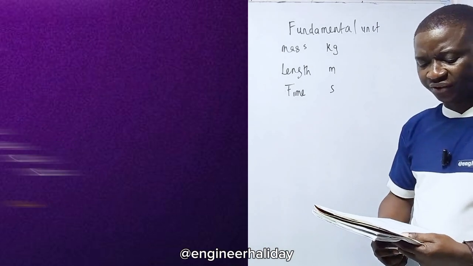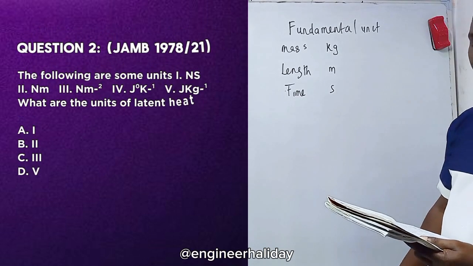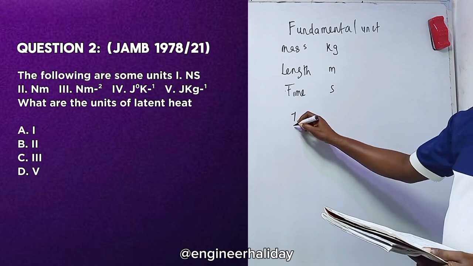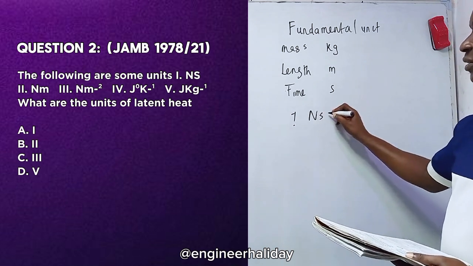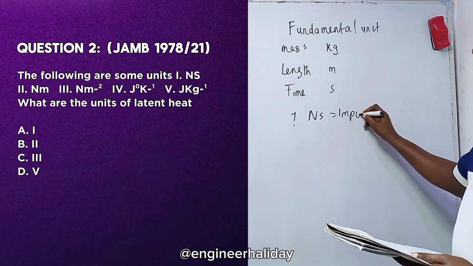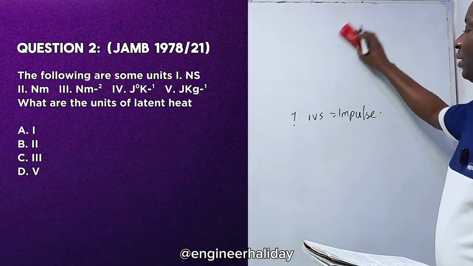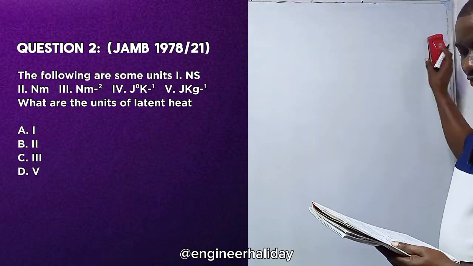Now the number 2 question says the following are some units. Roman figure 1 is Newton seconds. Newton seconds is for impulse. Don't forget, impulse is the same thing as momentum.